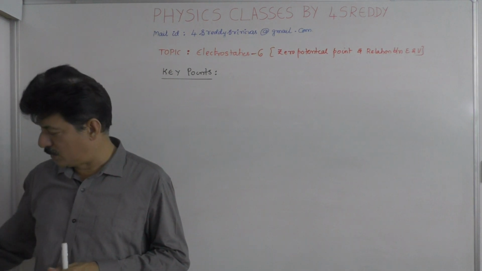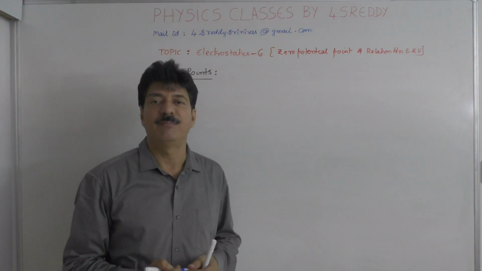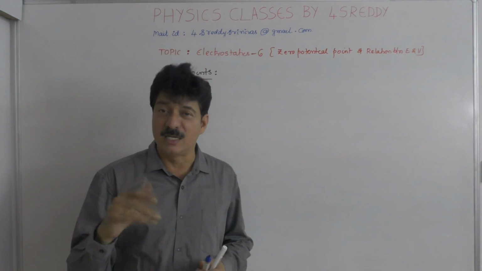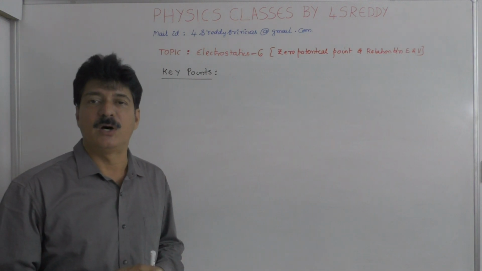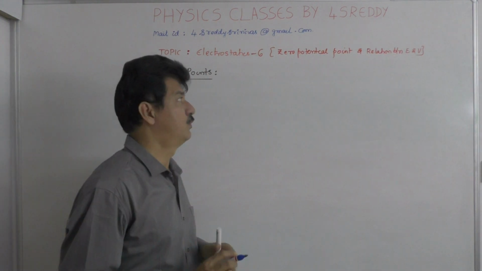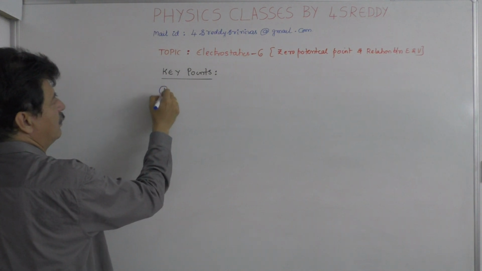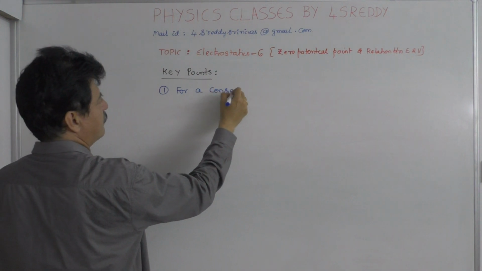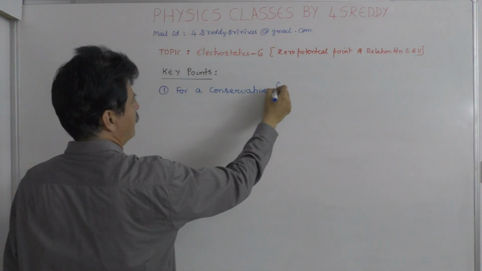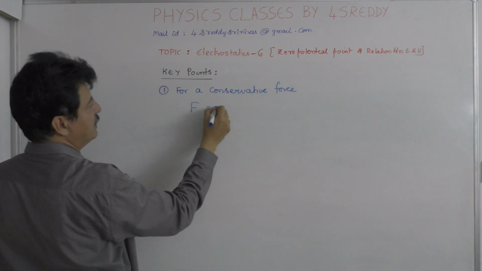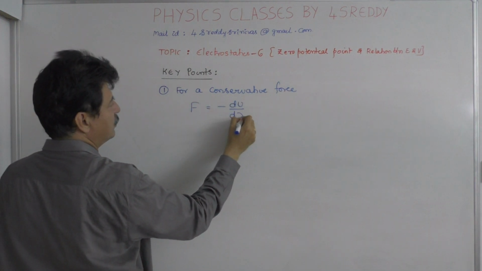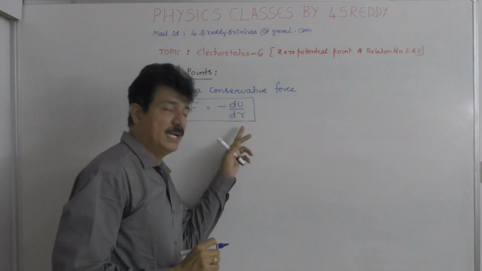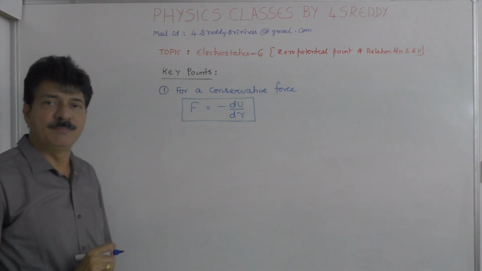Any conservative force can always be given by the negative of potential energy gradient, which we already discussed in mechanics, in work power energy, whenever it's a conservative force. So, for a conservative force, F is always given by minus dU by dr.